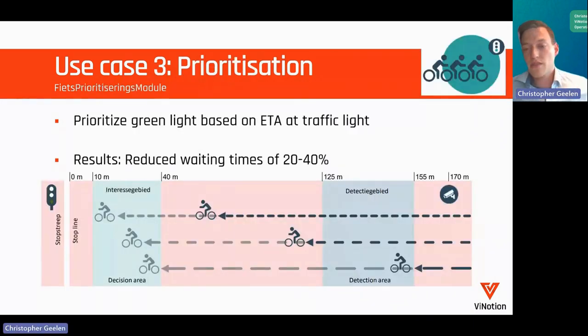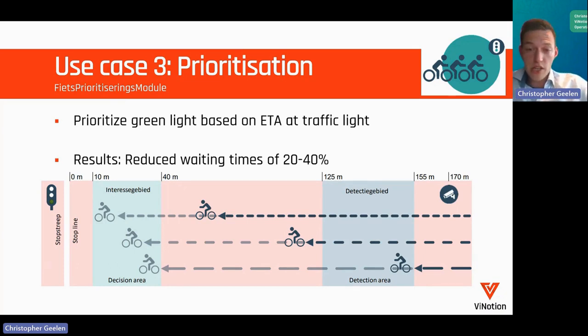The third use case is on prioritization, again on cyclists. But this is based on ETA estimations, estimated time of arrivals. You can see a detection area of the camera at the right. And we predict the estimated time of arrival of these cyclists when they arrive at the traffic light.